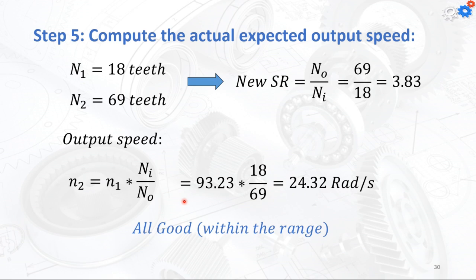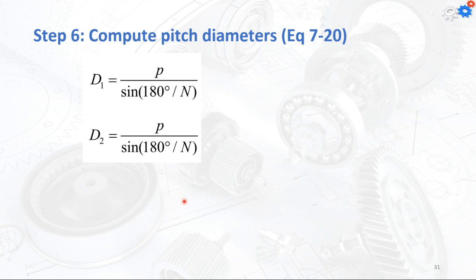Now, the step about calculating the pitch diameter, or the diameter of each sprocket. So we're going to go once again to the equations, equation 720. Now we know the pitch value is 19.05 millimeters, and we know the number of the teeth for the input is 18, and for the output is 69.